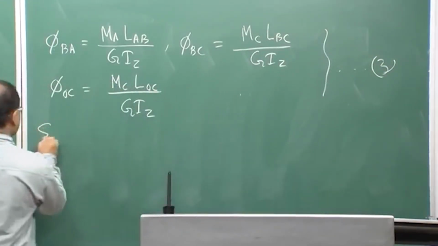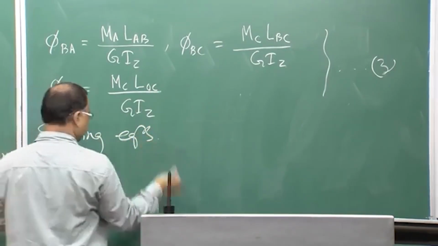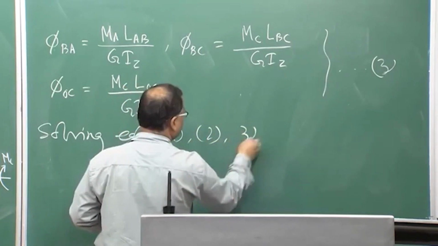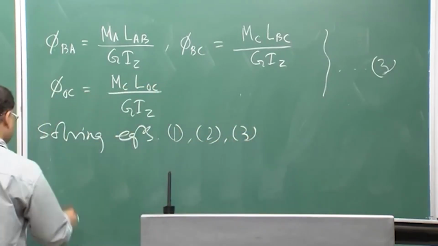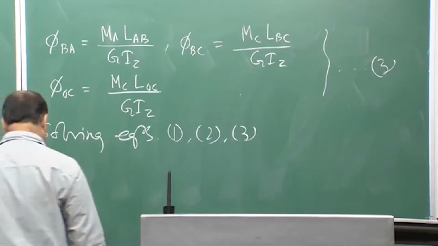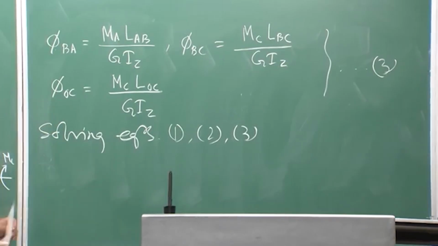Now solving equations 1, 2 and 3. Already in equation 2 you have seen that phi BC is equal to phi BA, as per geometric compatibility.